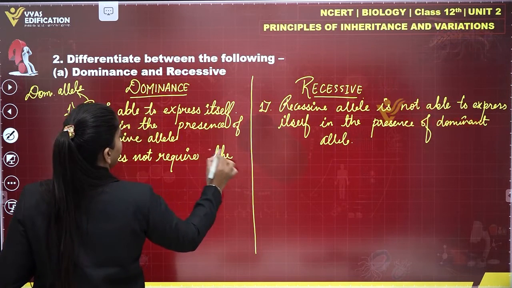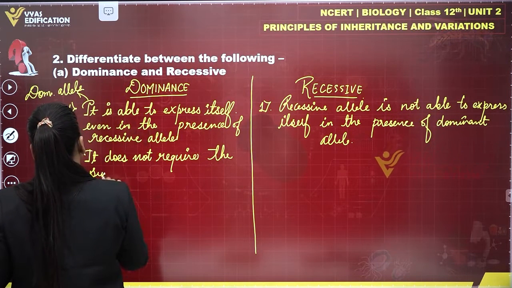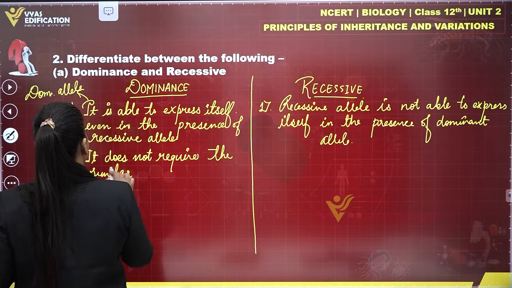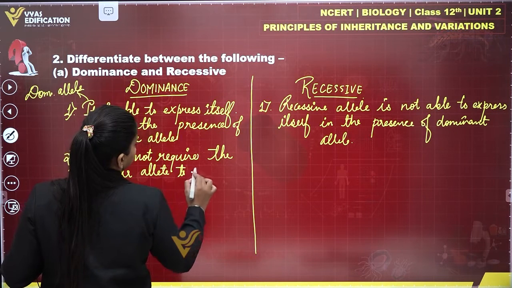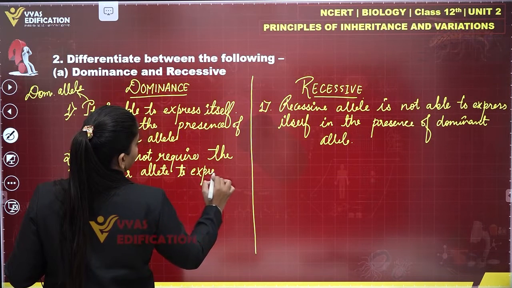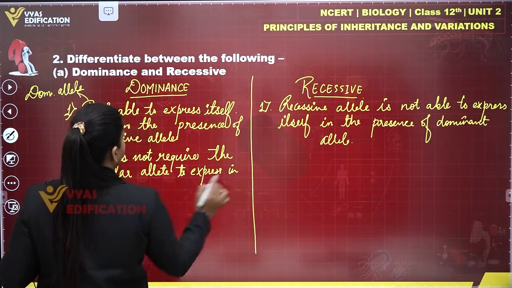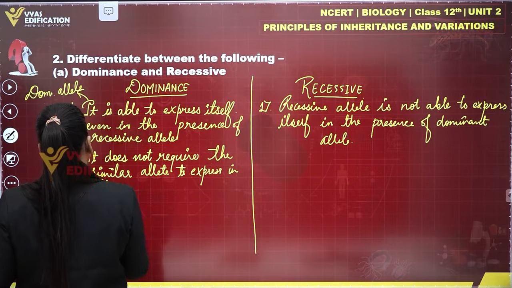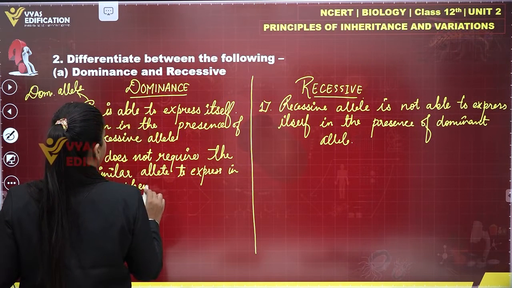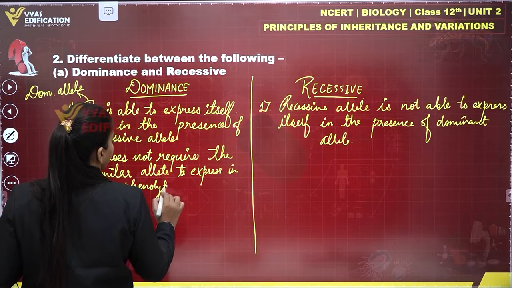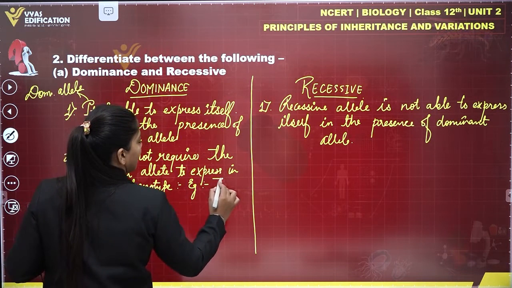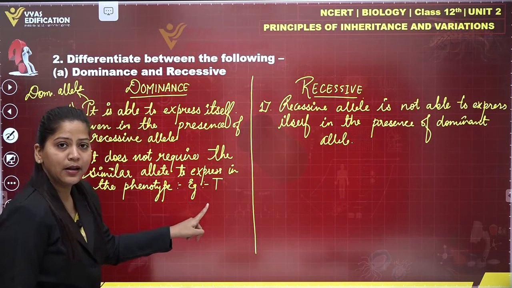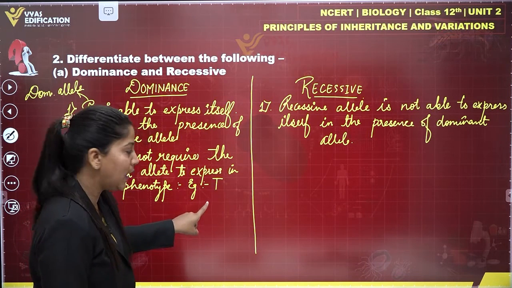The next difference is that the dominant allele does not require the similar allele to express in the phenotype. For example, this capital T is an allele for tall height in the plant.